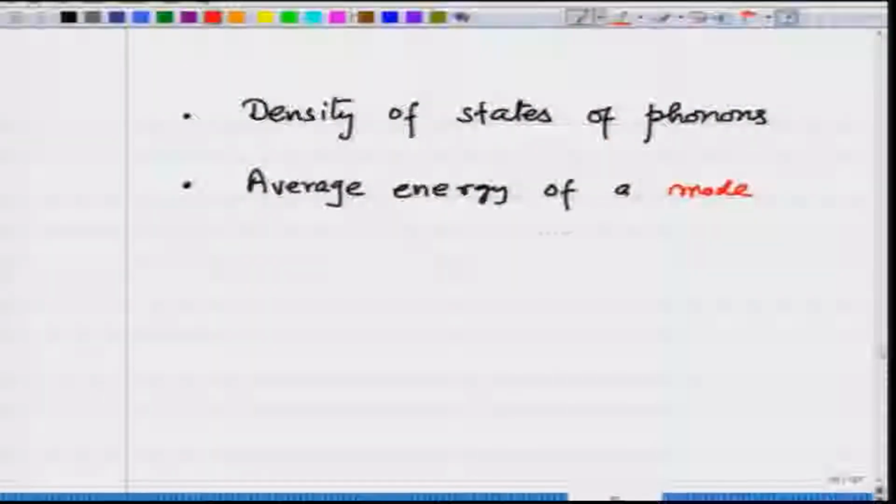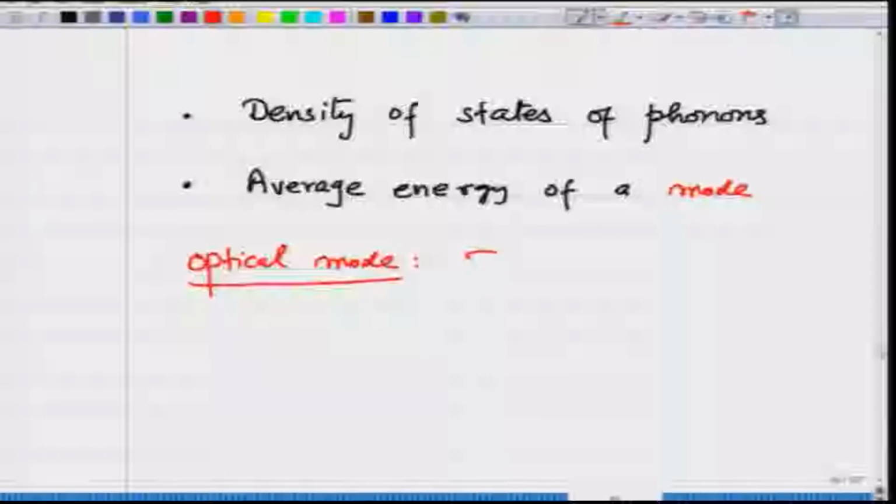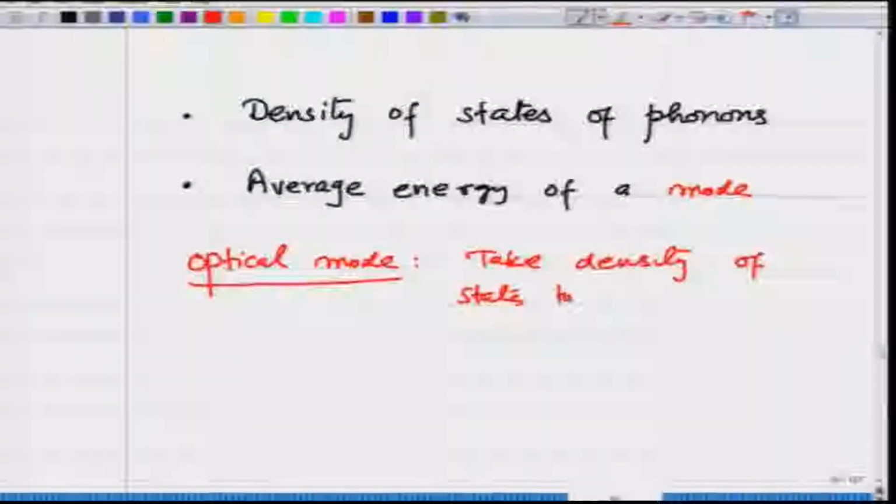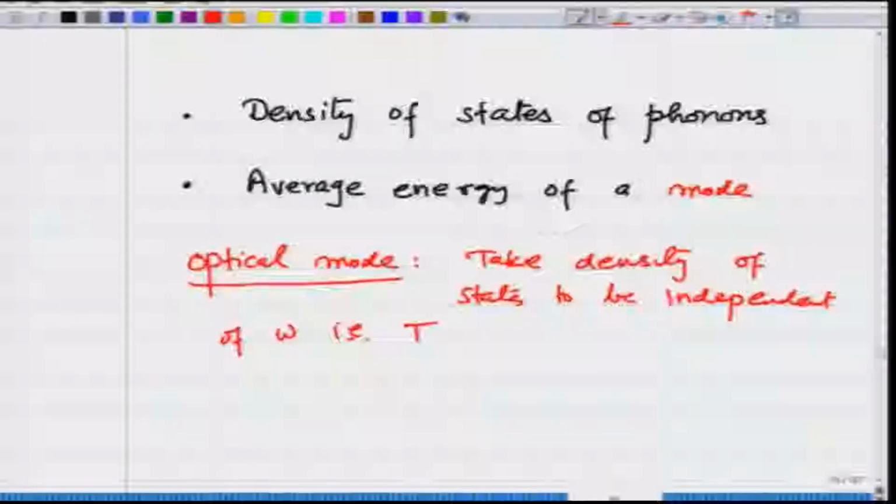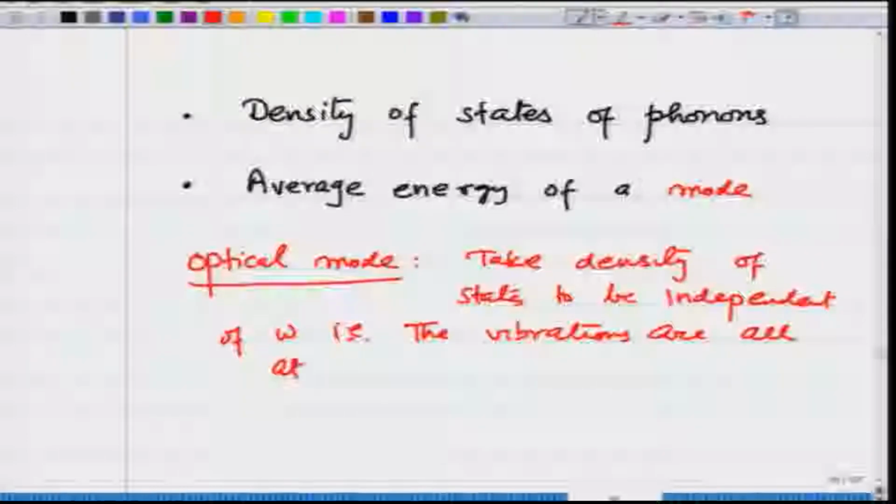So, let us see what we did. We said if I have an optical mode in this, take the density of states to be independent of omega, and that means the vibrations are all at the same frequency.